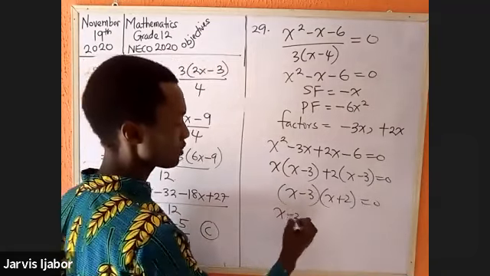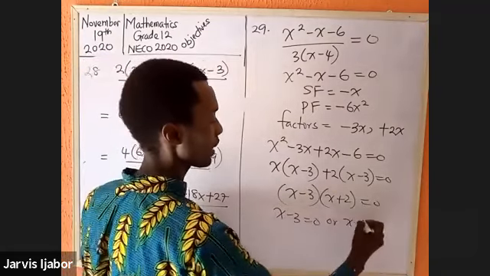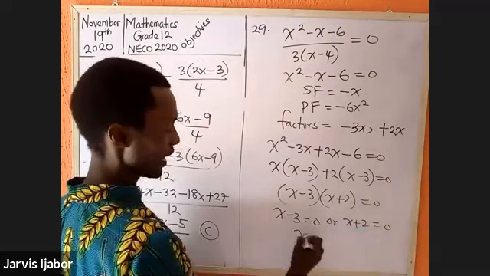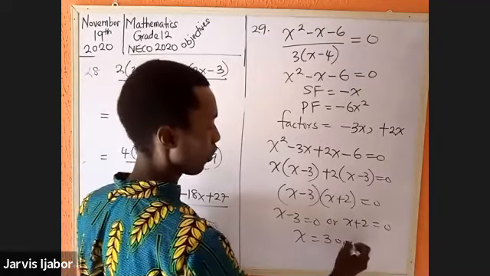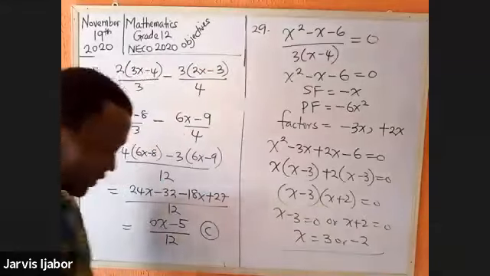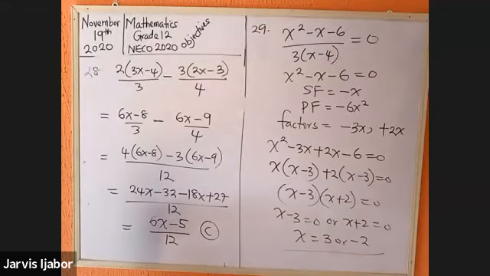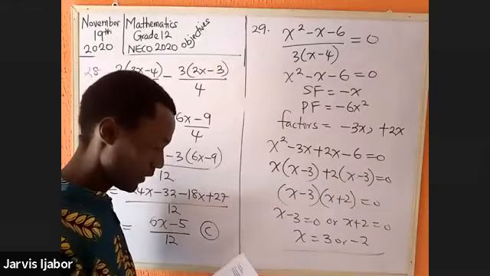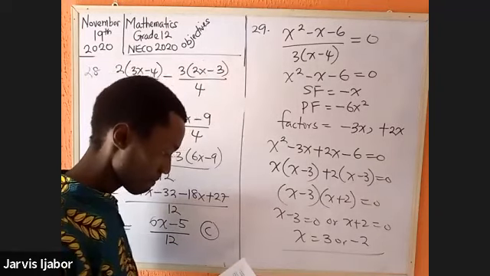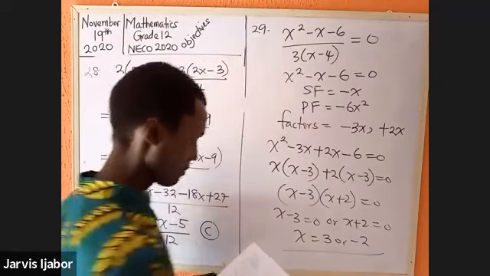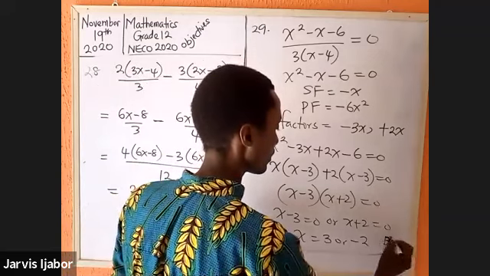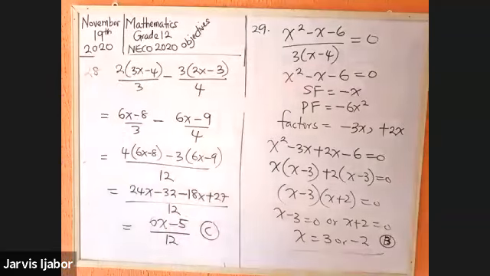So x minus 3 is equal to 0, or x plus 2 is equal to 0, meaning that x is equal to 3 or negative 2. All right, so with that, the answer would be B. The answer will be B.